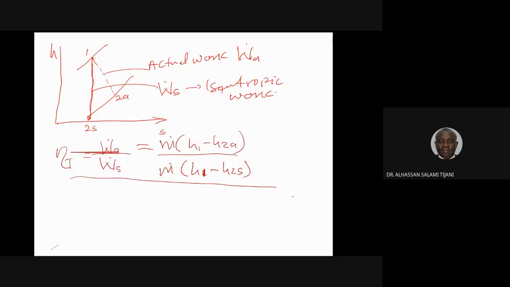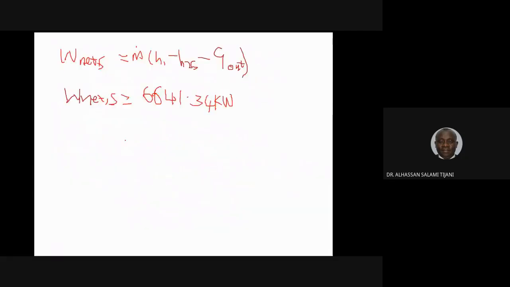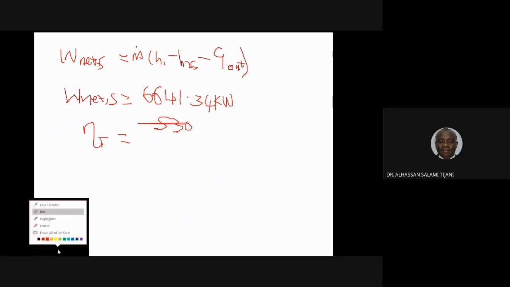So the isentropic efficiency for the turbine gives us 5300 divided by 6641.34. This thing is misbehaving so much today.